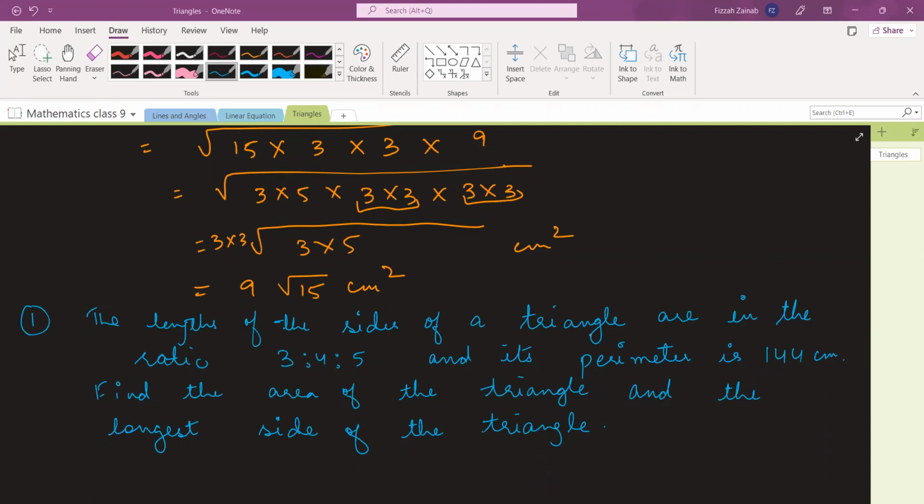No, I'm not getting the answer properly. What is the answer you're getting? Please try it the same way. We have just done one question, right? Where the sides were given in the ratio. It is the same question. Please do it.